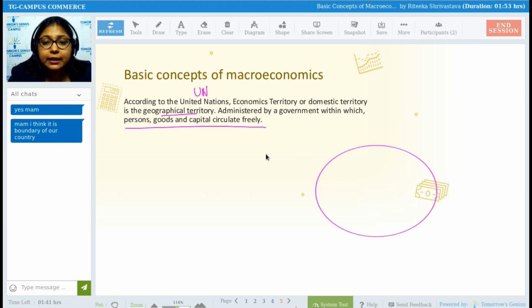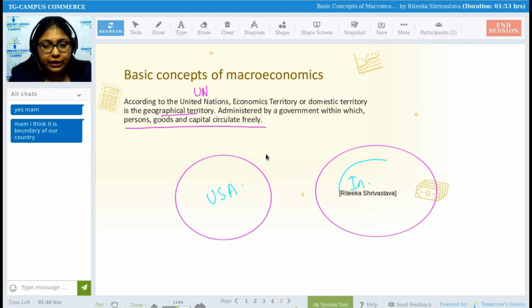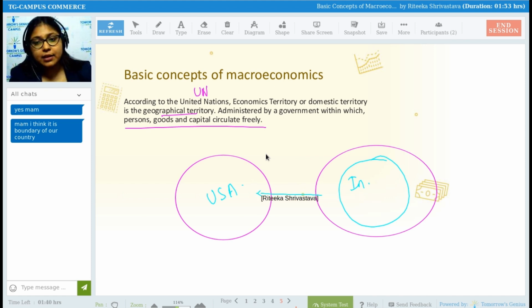Like, suppose this is India and this is the USA. Activities which take place inside India would be much smoother as compared to the activities related to the US. Exporting and importing goods and services with other countries is more difficult than doing so within the domestic territories.